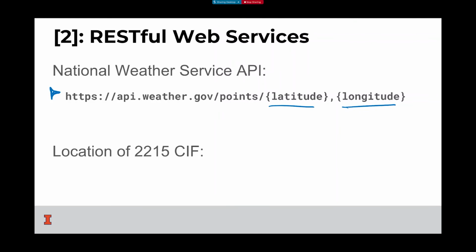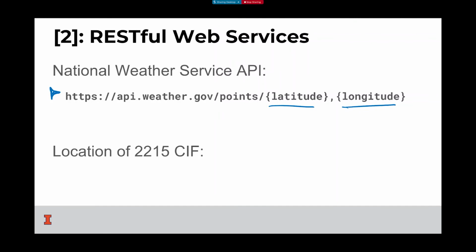So we can use this web service to actually say, what is the weather going to be like here in this very building? To do that, the only thing I need is the GPS coordinates for this location.